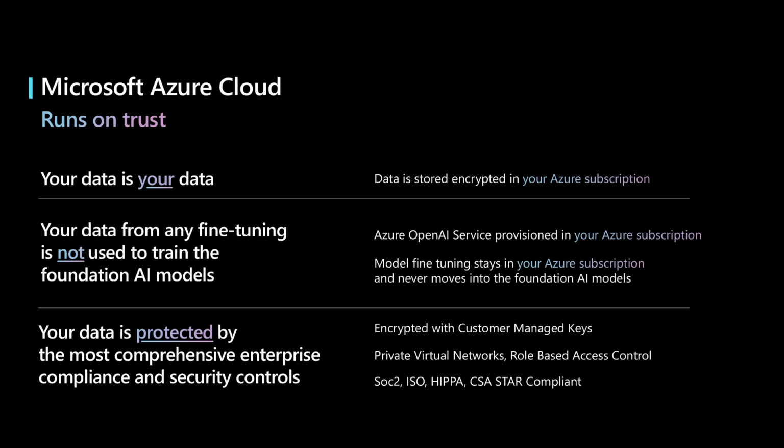The only models that will use your data will be the ones that you train within your environments. So basically, the ones that you're going to be fine tuning will reside in your subscription and only be accessible by folks within your organization that you allow access through role-based access control.